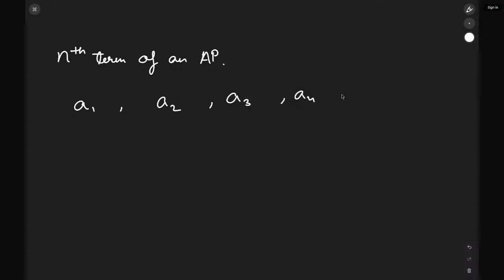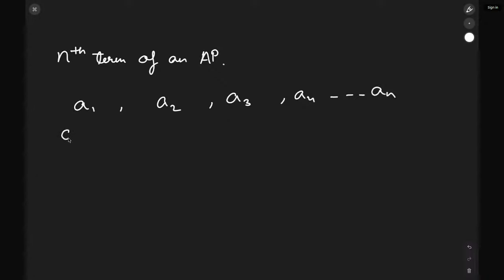Now we can generate a basic formula for the nth term of an AP. This is my AP. I'm writing it as such: A1, A2, A3, A4 till AN.